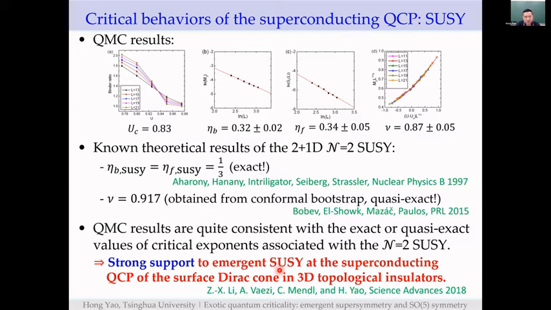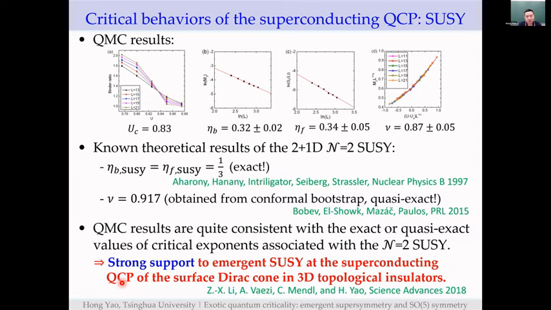So our quantum Monte Carlo simulation provides strong support of an emergent SUSY at the superconducting quantum critical point of a surface Dirac cone in a three-dimensional topological insulator. Although we didn't simulate a three-dimensional topological insulator, we simulate a single Dirac cone regularized on a two-dimensional lattice. We believe that the quantum criticality we obtained represents the surface single Dirac cone of a three-dimensional topological insulator.